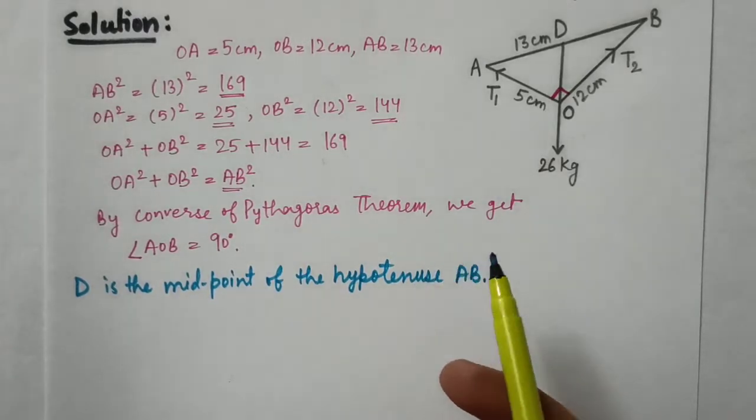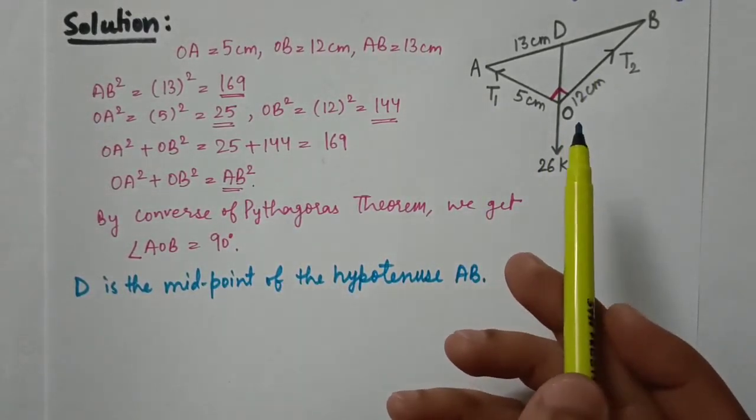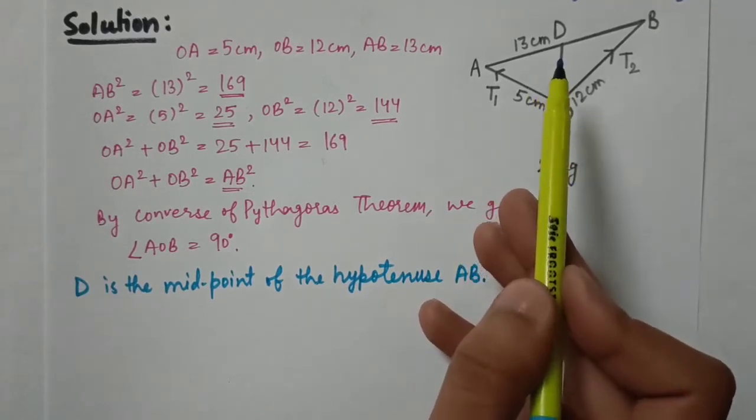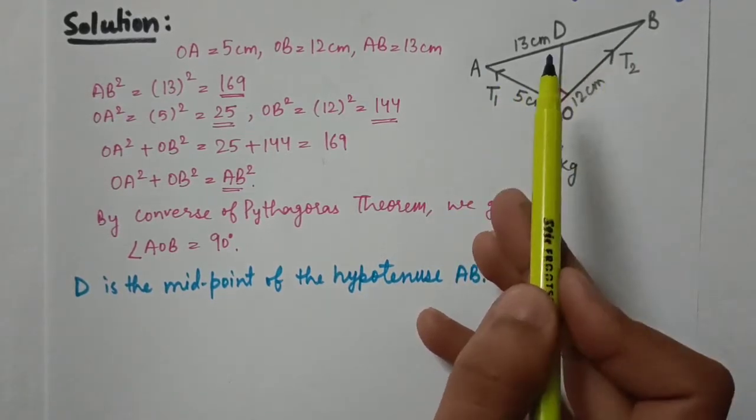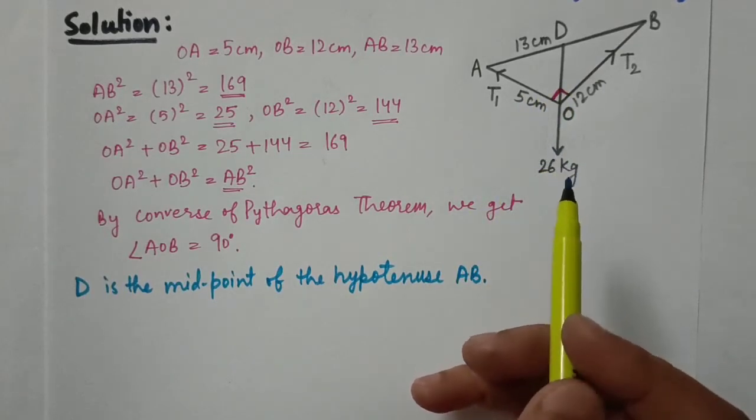So in a right angle triangle, there is a property that the point that is the middle point of the hypotenuse is equidistant from the vertices of the right angle triangle.